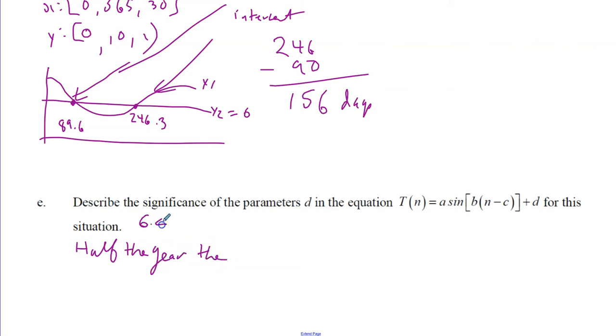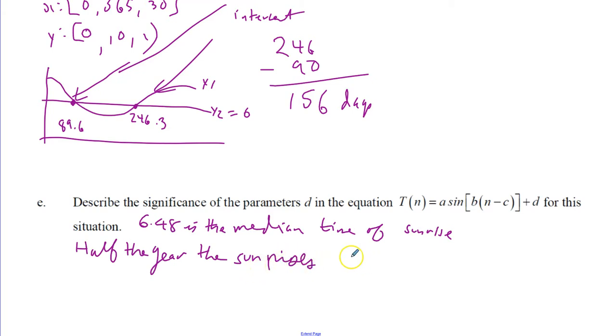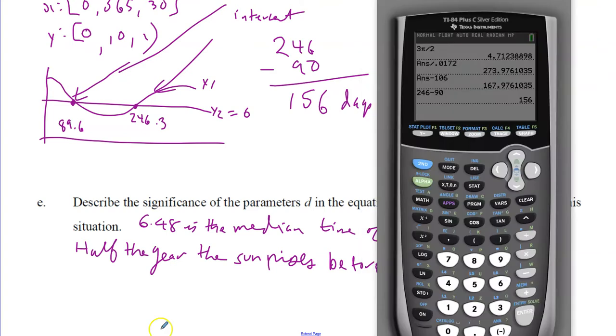So 6.48 is the median time of sunrise. Half the year the sun rises before. All right, what time is that actually?